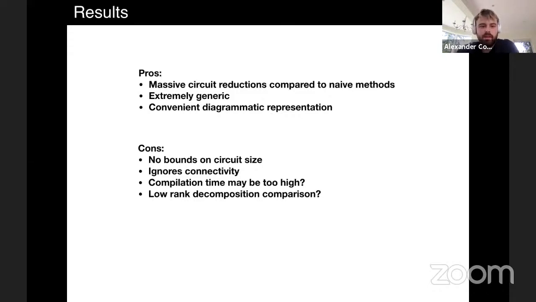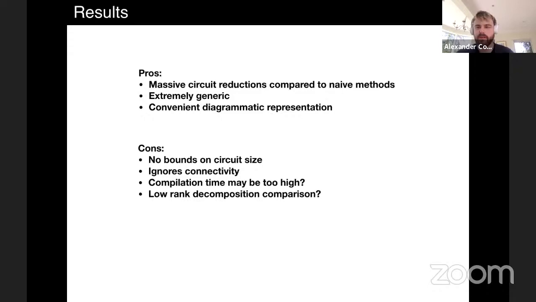However, frustratingly, we can't prove any bounds. So we can't say, for example, that this takes down the circuit depth from say n to the 5 to n to the 4, or n to the 4 to n to the 3. Our method doesn't take into account the connectivity of the device, which is important if you're working on NISQ devices.